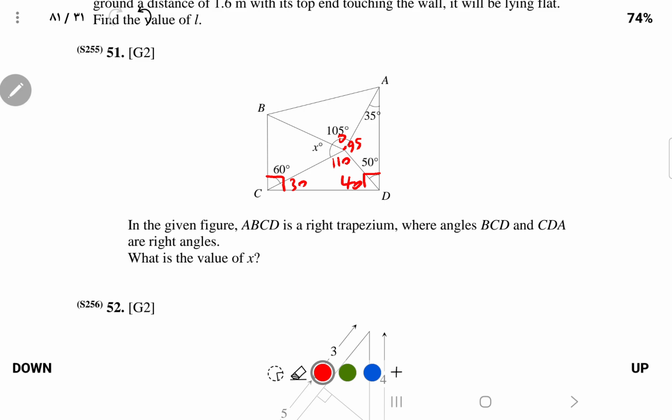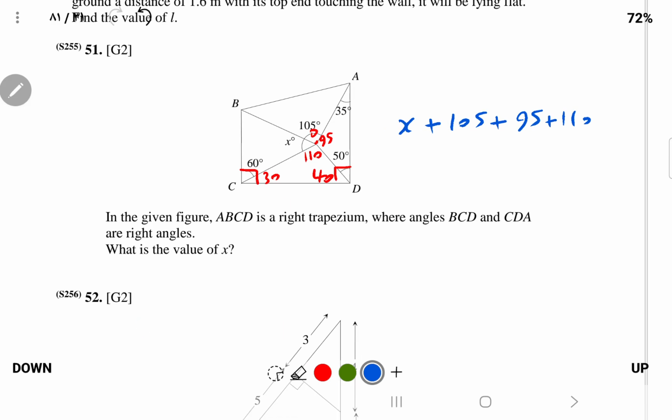Then in order to find angle X, you can form an equation with angles at a point forming 360 degrees. So X plus 105 plus 95 plus 110. So all these four angles would be 360 degrees.